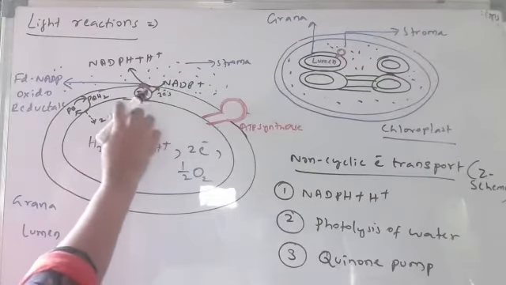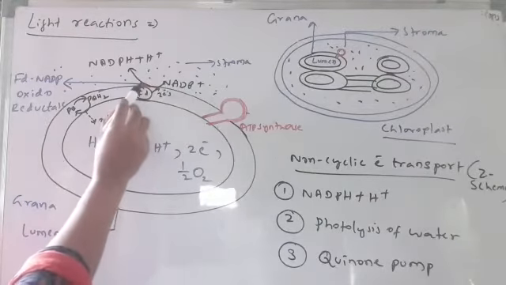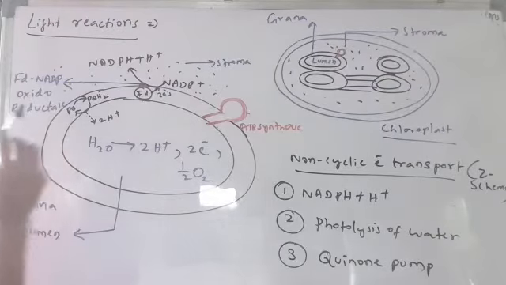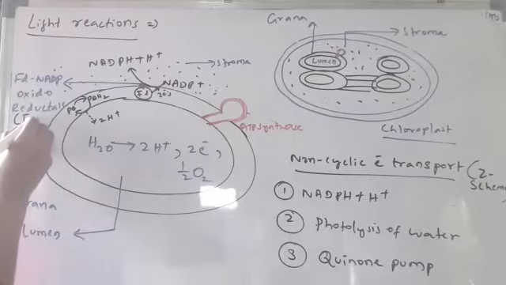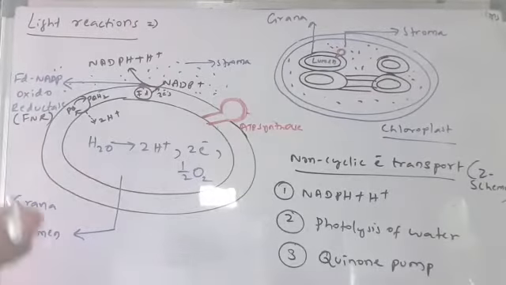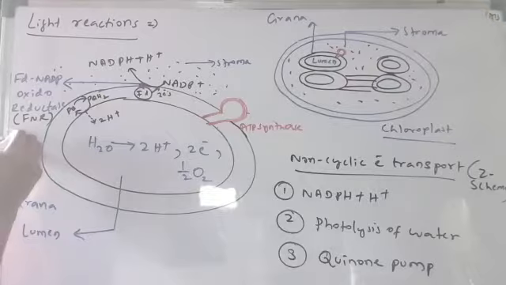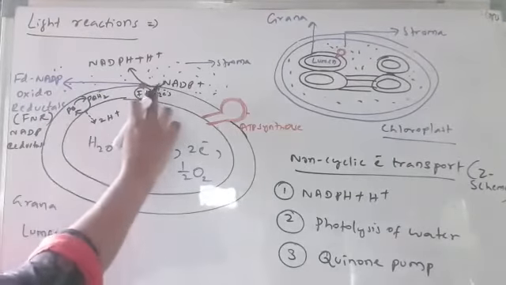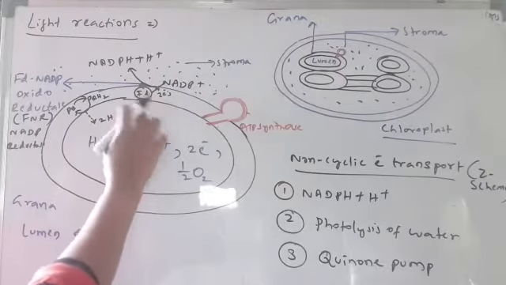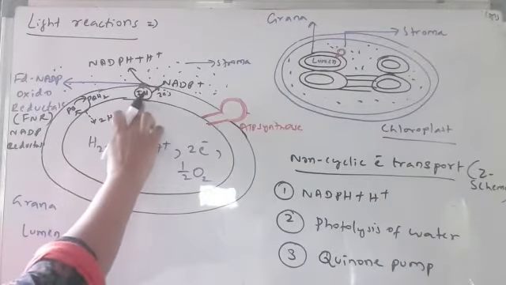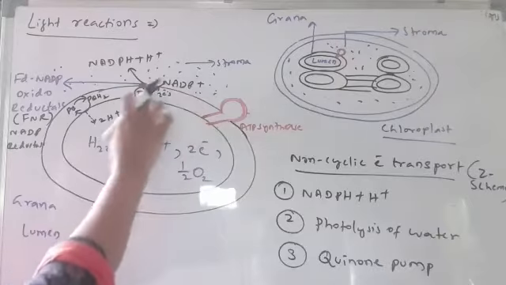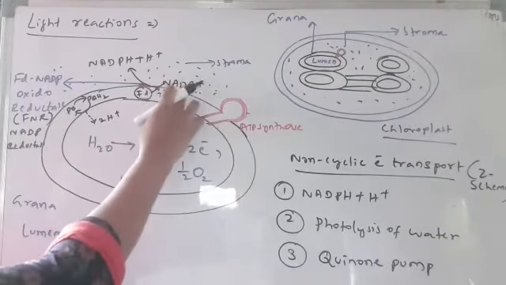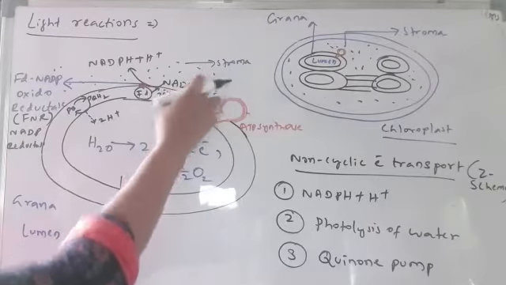This step takes place in the presence of an enzyme, FD-NADP oxidoreductase, also known as FNR, or simply NADP reductase. This enzyme helps in transferring the electrons from ferredoxin to NADP+. Thus ferredoxin gets oxidized, and NADP+ gets reduced.